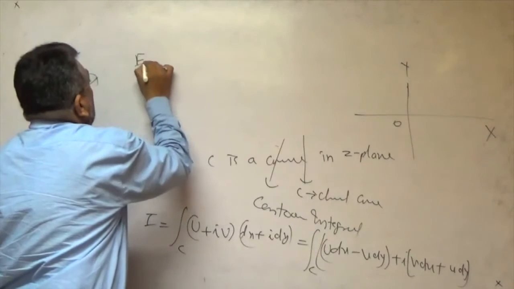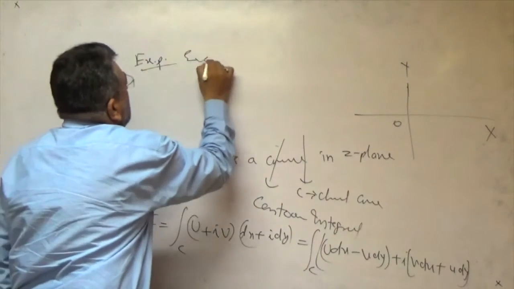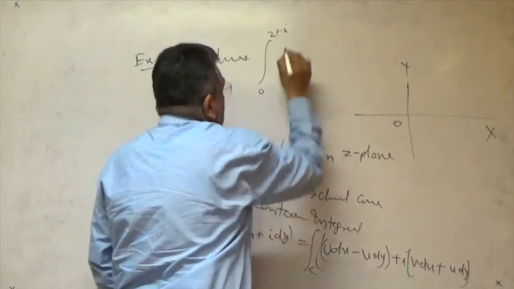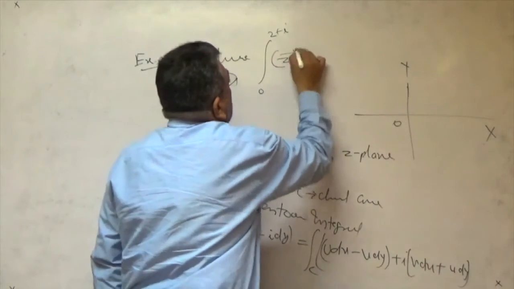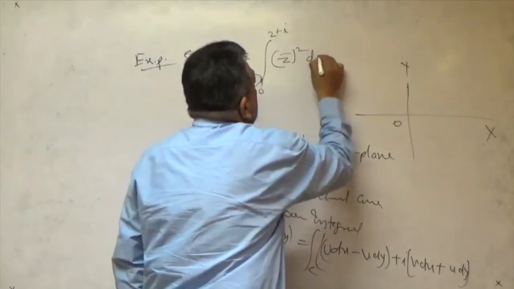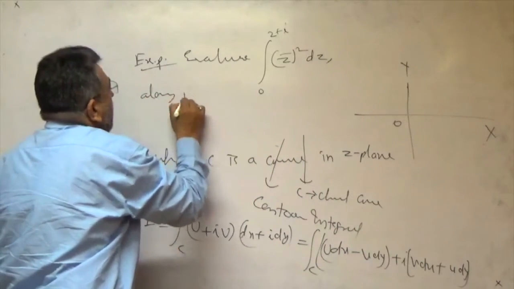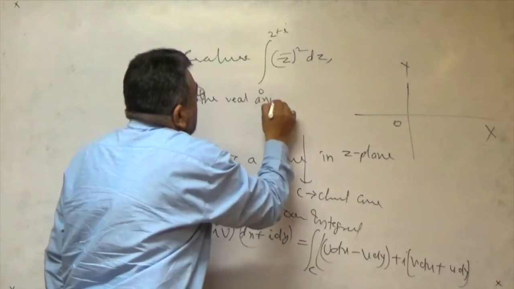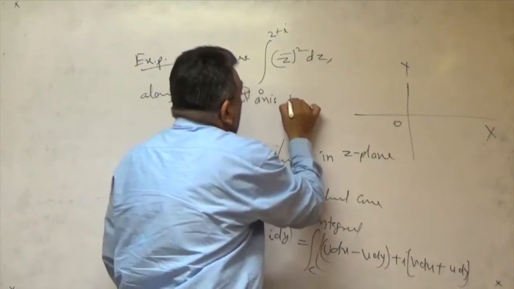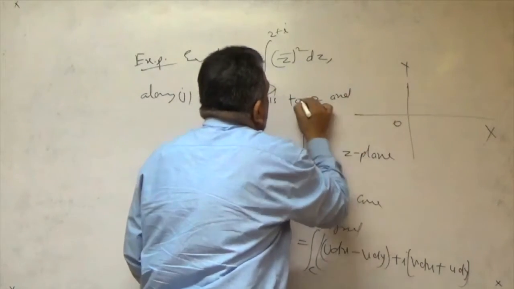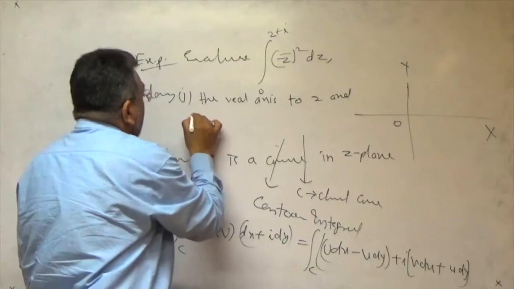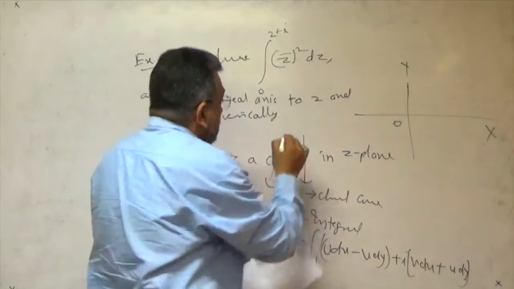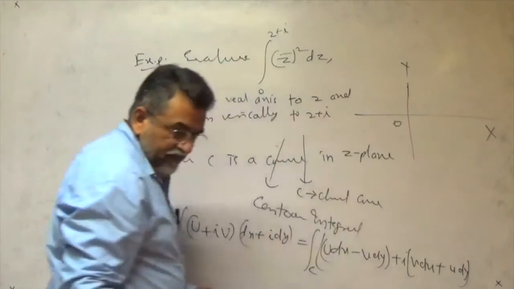Evaluate the integral from 0 to 2+i of (z bar) square dz along number 1: path is the real axis from 0 to 2, and then vertically to the point 2 plus i.